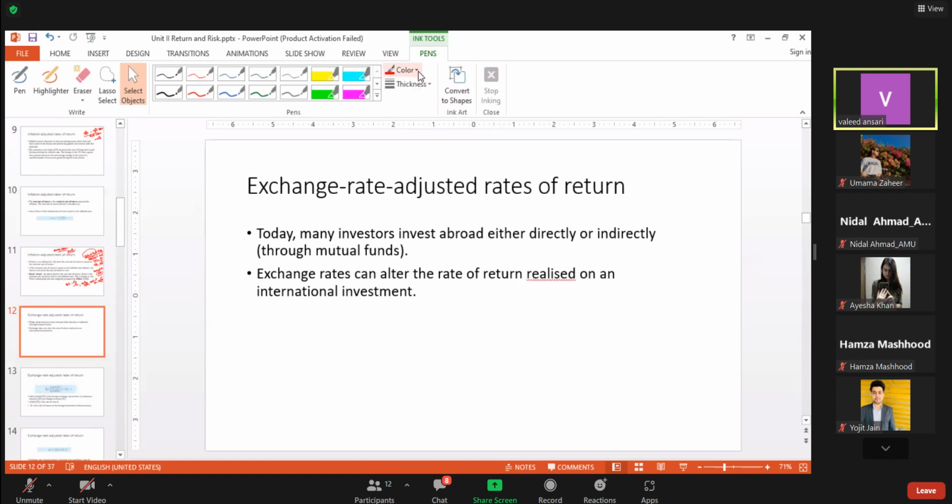Returns are also affected by the fact that nowadays, when people are making investment across borders, global investment, money is flowing from one place to another place. Why does this movement take place? The reason is very simple.